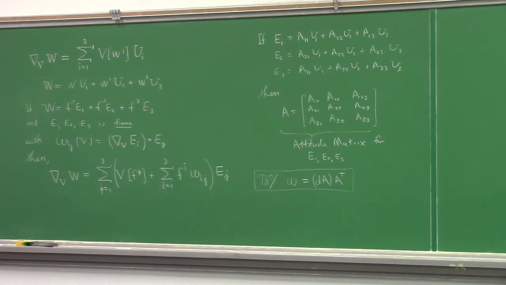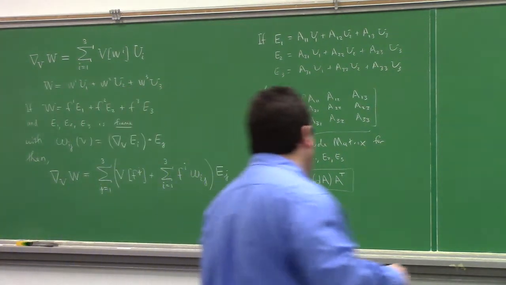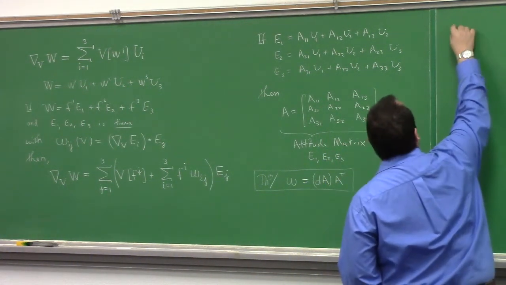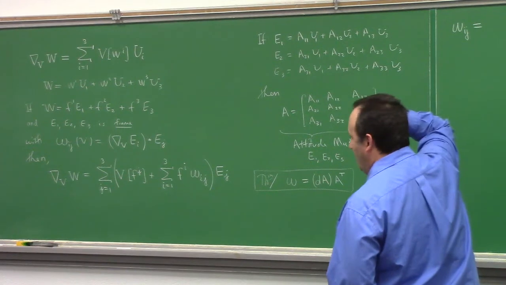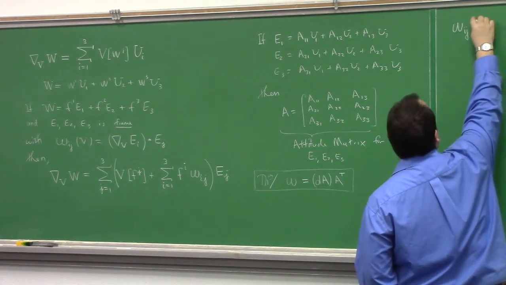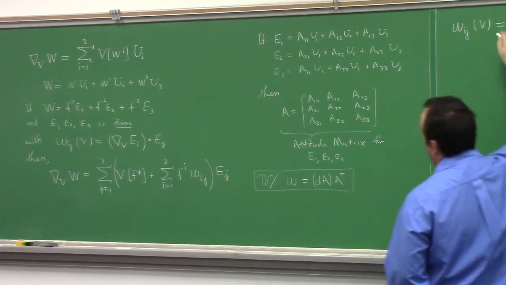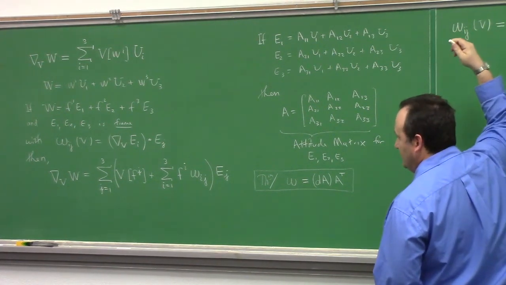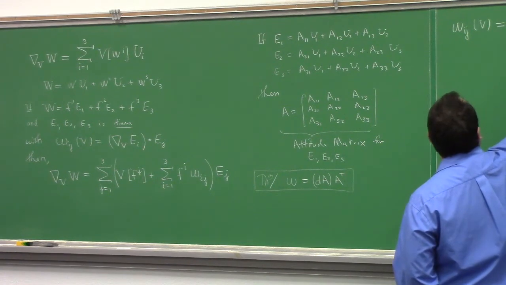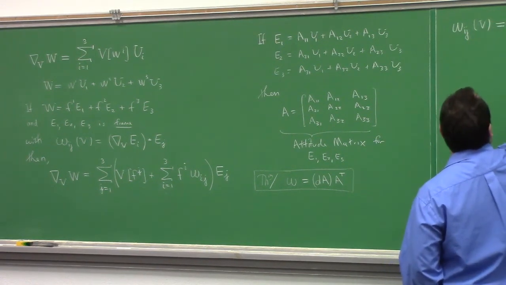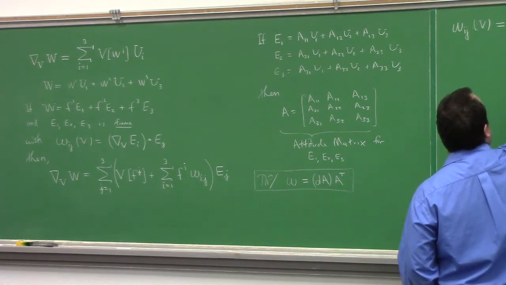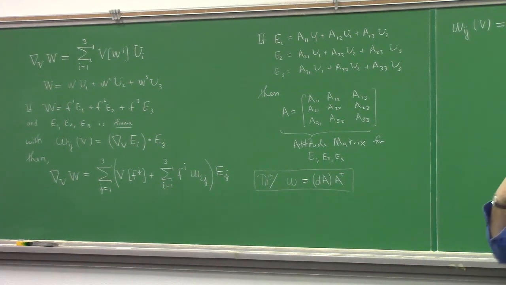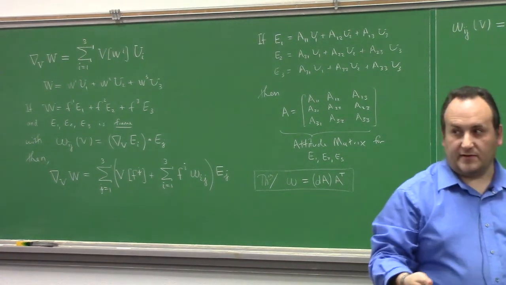So it was omega ij of V. What was it equal to? Well, by definition, it's equal to the covariant derivative of V of EI dot EJ. And then what I did was I took the EI and I wrote it in terms of the Cartesian basis and the attitude matrix.